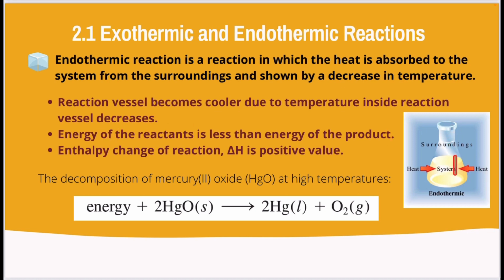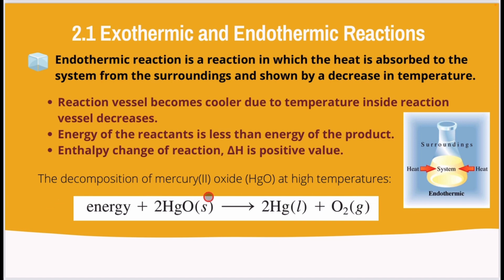So inside, the temperature is decreased and heat is absorbed by the system from the surroundings. The energy of the reactants is less than the energy of the products. The enthalpy change of reaction is a positive value. So this is an example of an endothermic reaction.